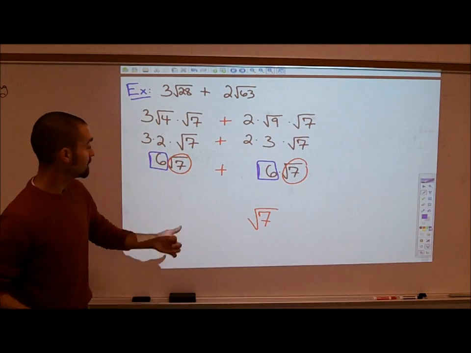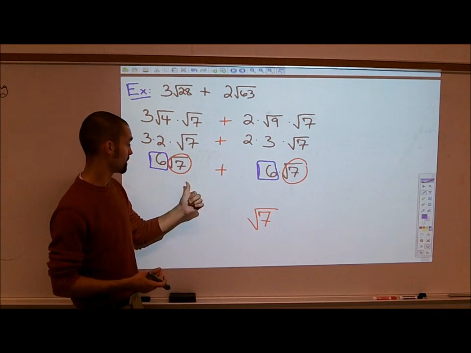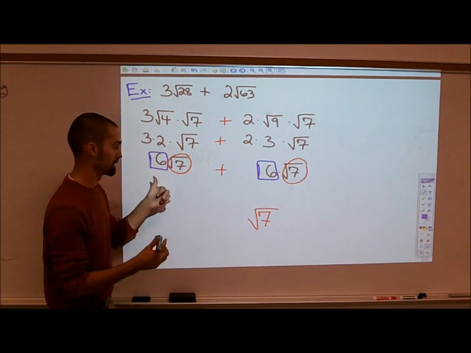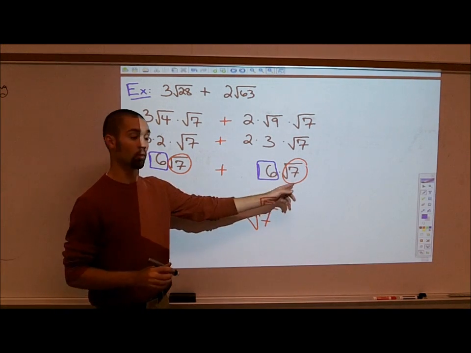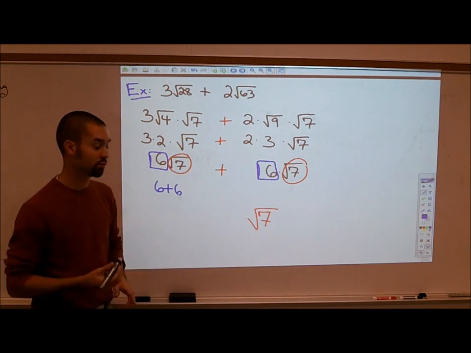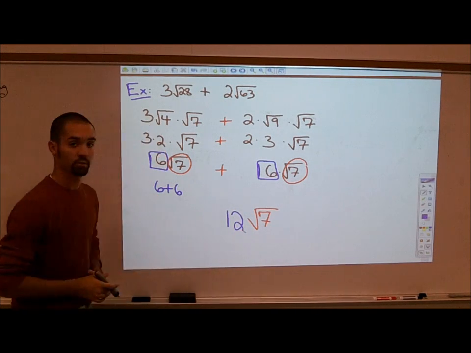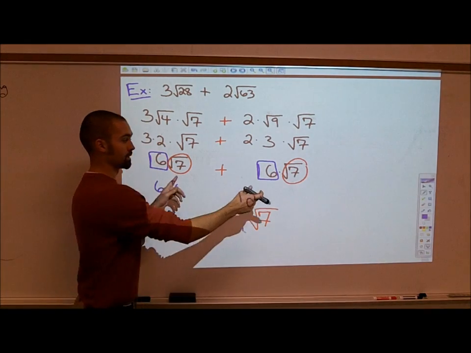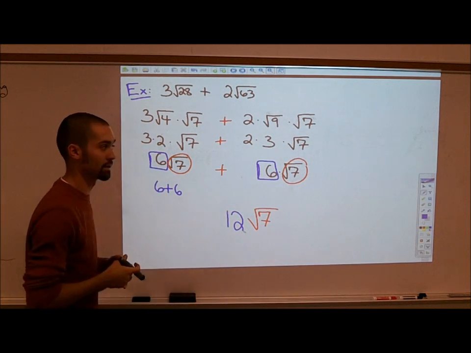Okay? It's like, say, radical 7 was a fruit. We'll say radical 7 is the same thing as apple. Okay? I have 6 apples here. I'm adding 6 more apples. How many do I have? 6 plus 6 is 12 apples. Okay? So you're not adding the square roots, you're adding the numbers outside the square roots. That's the key thing.